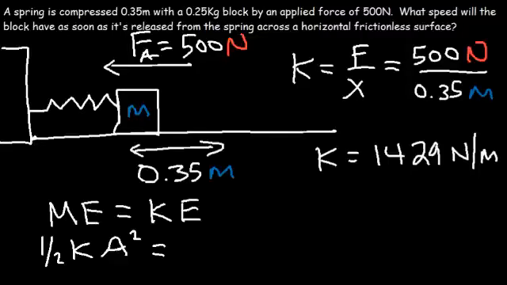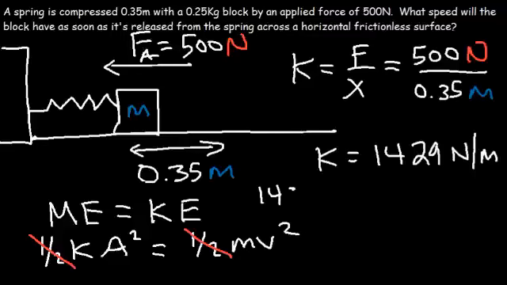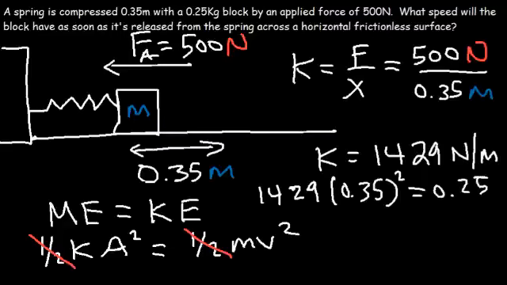So we'll use the symbol A though. 1/2 kA squared is equal to 1/2 mv squared. So if we multiply both sides by 2, we can get rid of the 1/2. So k is 1429, A is 0.35, m is 0.25, and we need to solve for v.